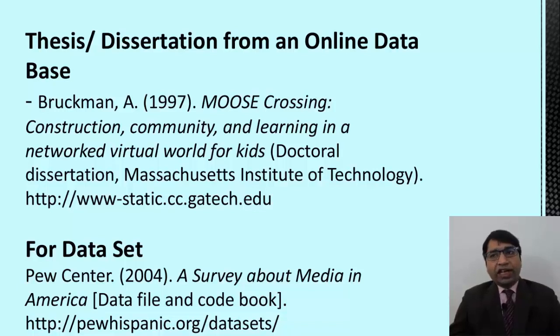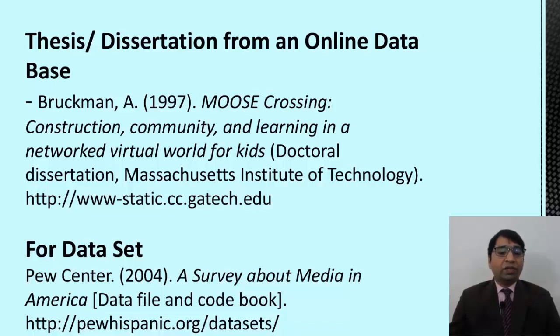For any kind of data set that is taken from any corporate organization, any international organization, or any kind of online source, if the author's name is not mentioned, for example, there is so much data available on the UNESCO site, but in some cases there is no author name actually, then you need to give the name of that organization.